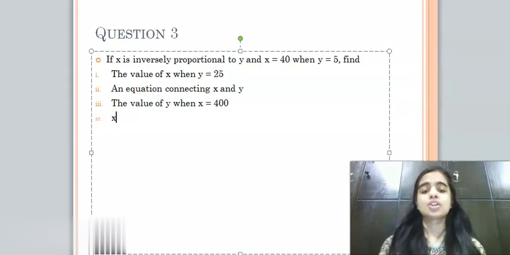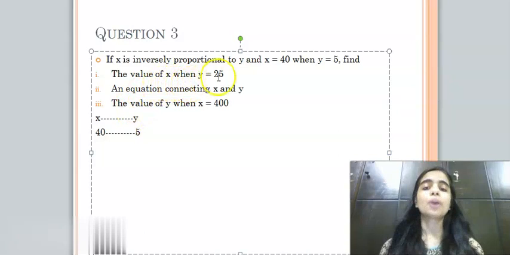Alright, so x is inversely proportional to y, and x is 40 when y is 5. The value of x when y is equal to 25. So I will keep this as x only when y is equal to 25.